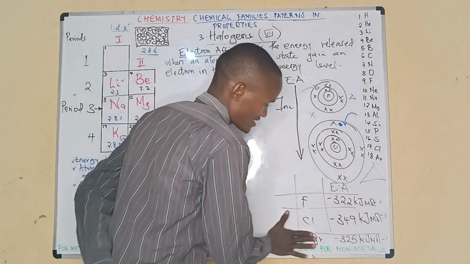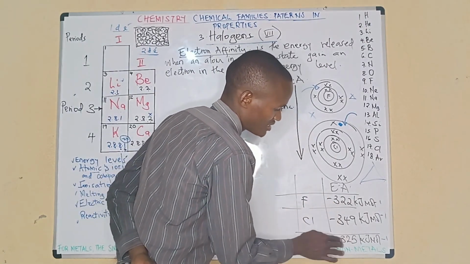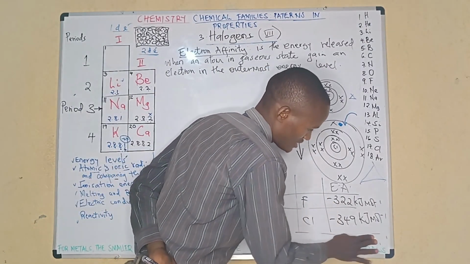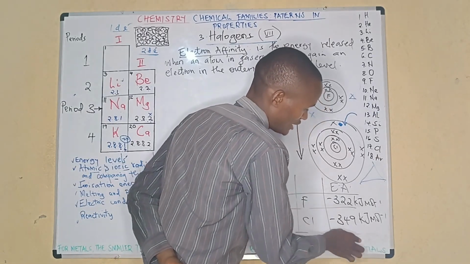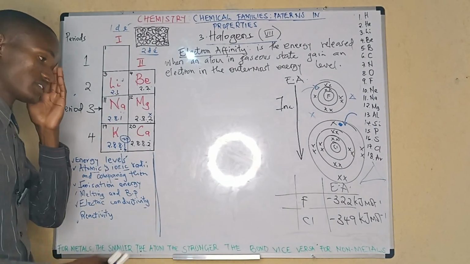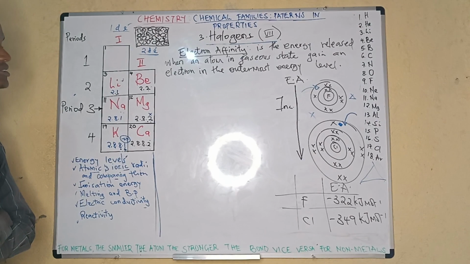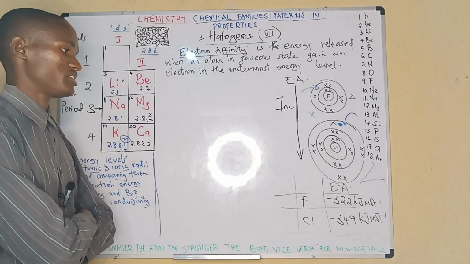Let us compare just the first two. Because there's a disparity, let's compare these two so that you can see the trend in electron affinity. So you have negative 322 and negative 349.